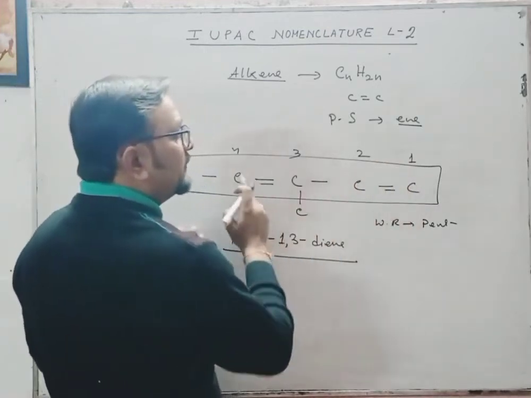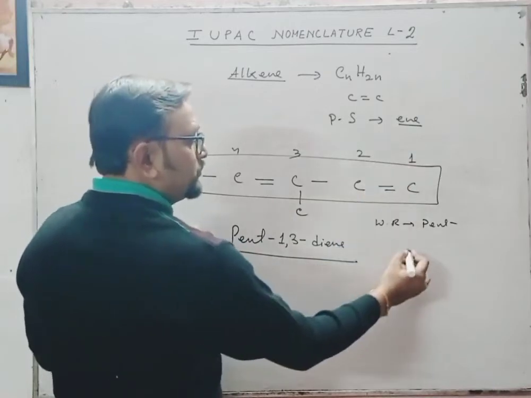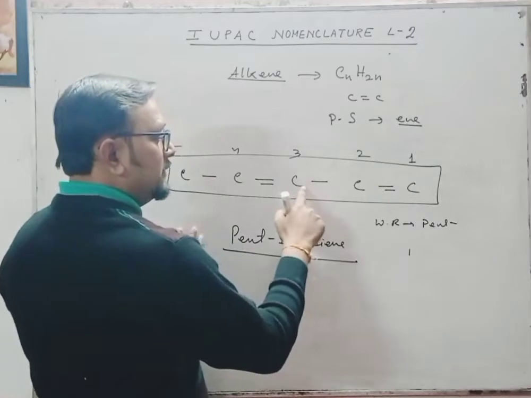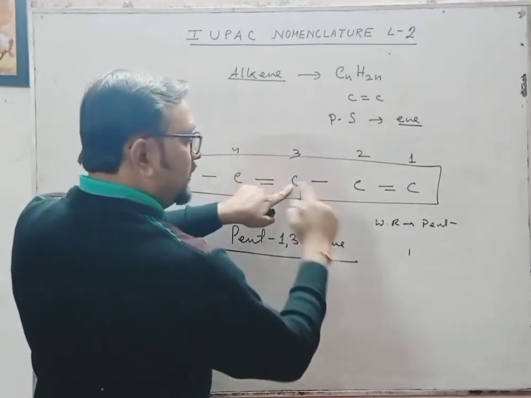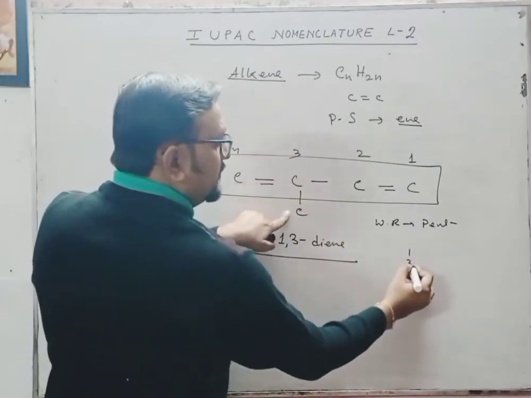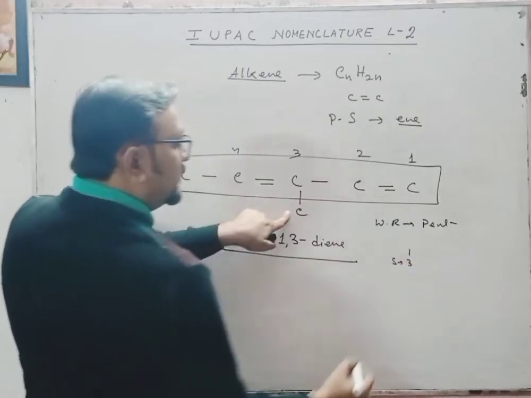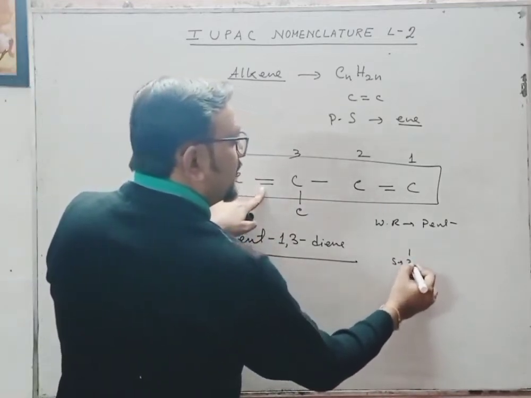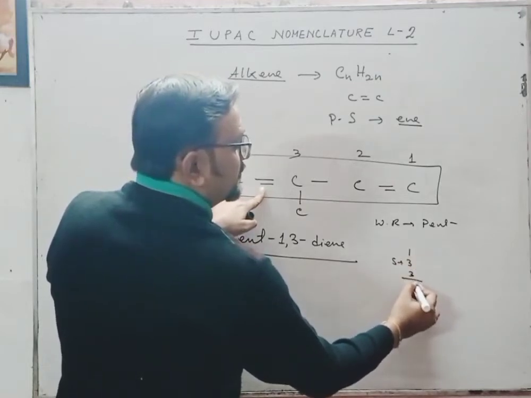So if from this side I do the numbering 1, then 3 for the substituent, and 3 also for the double bond. So I am getting 3 plus 3, 6, plus 1, 7.